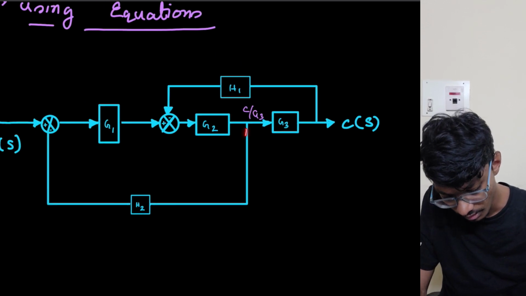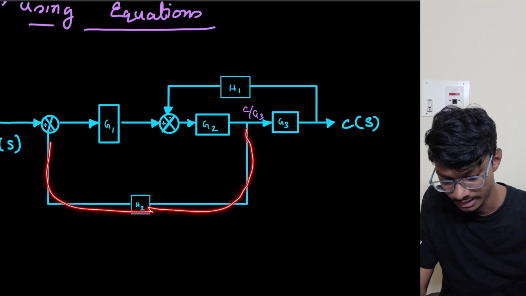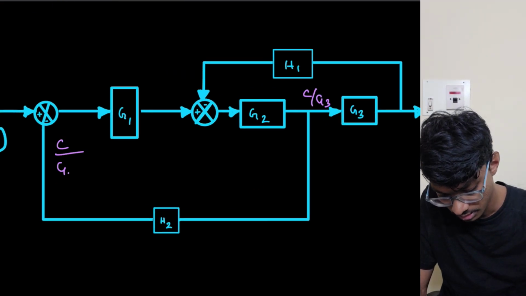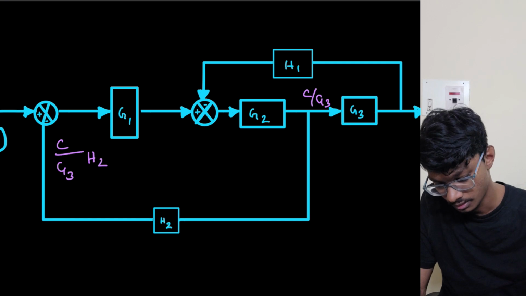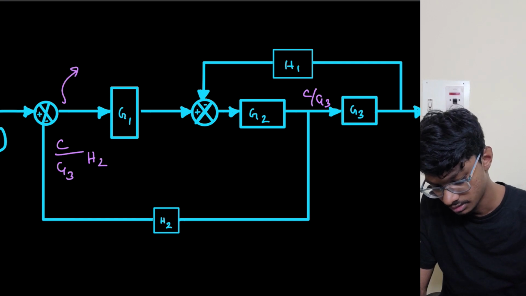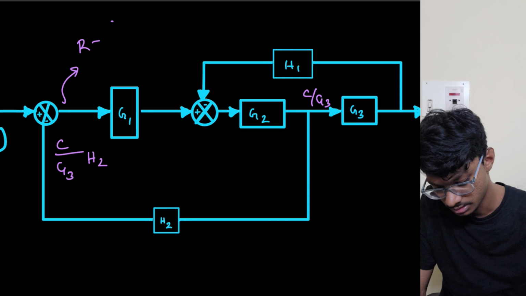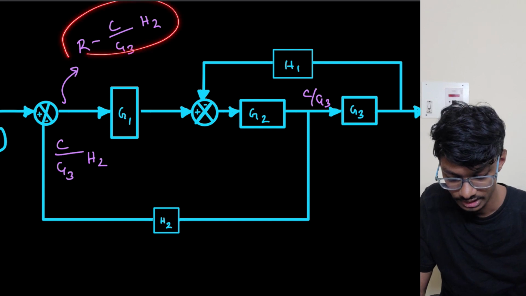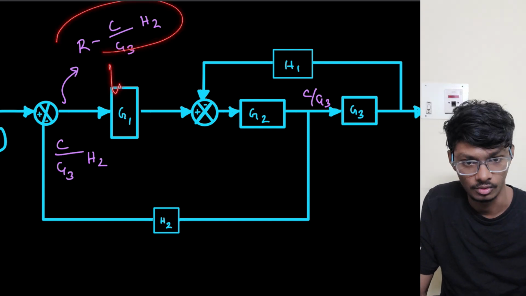Now this is getting multiplied by H2 and subtracted here. So this is C by G3 times H2. What is the value of this point? This is R minus C by G3 times H2. Now this is getting multiplied with this gain block.